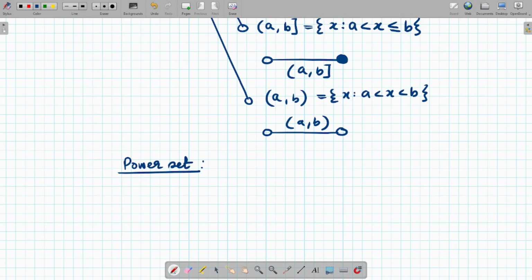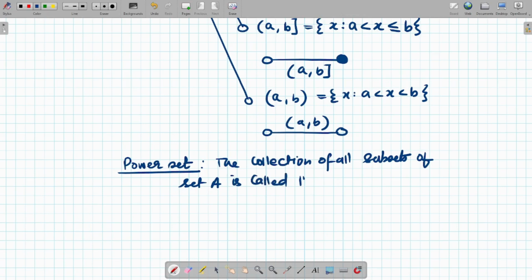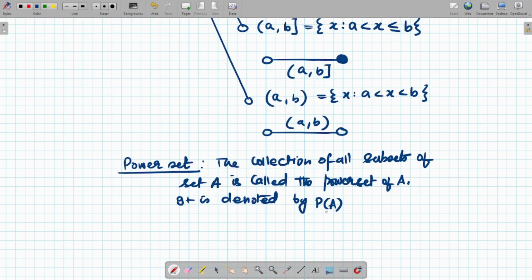The collection of all subsets of set A is called the power set of A. It is denoted by P of A, and in P of A every element is a set.